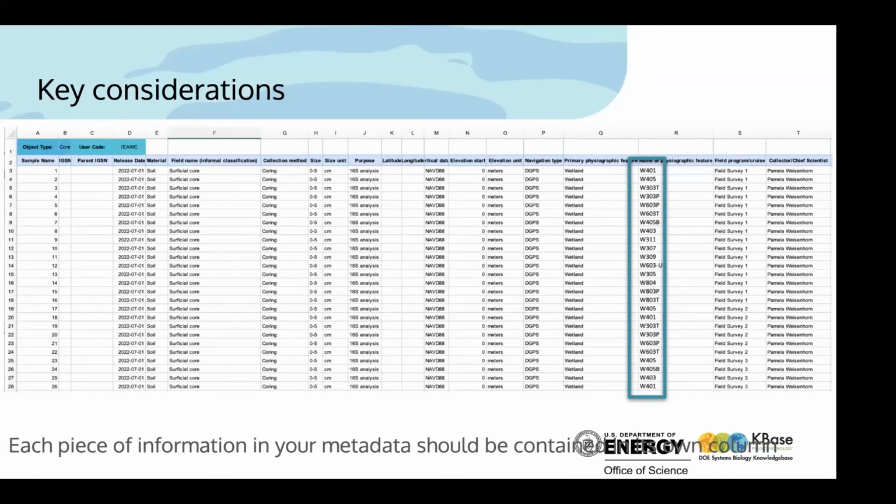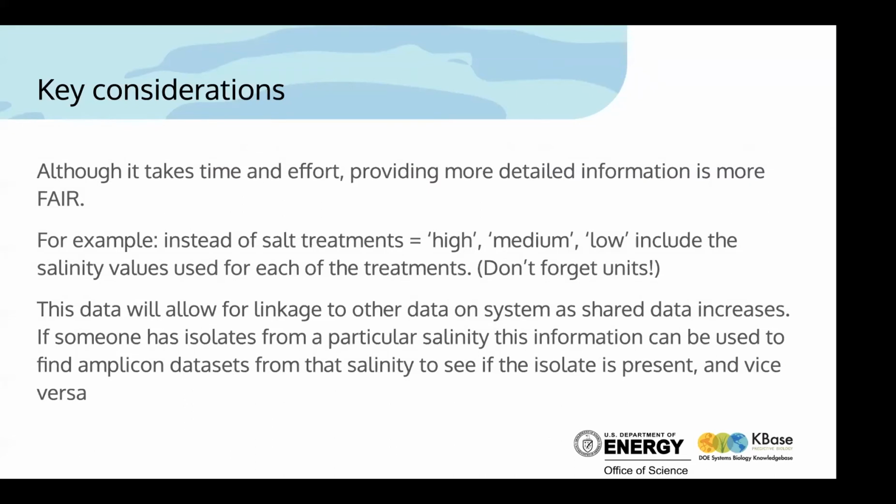And so when you're creating these initial metadata fields, having more columns, with a single piece of information in each column, is really important. And then also, although it takes a lot more time and effort sometimes, and sometimes only a little bit more, providing the more detailed information makes this data more FAIR, right? So instead of having a column for salt treatments with high, medium, and low values, it's helpful to include the salinity values that would be used for each of the treatments, and always important to keep track of and keep the units.